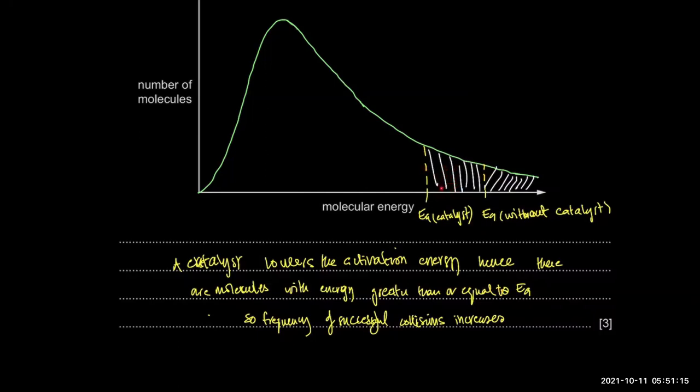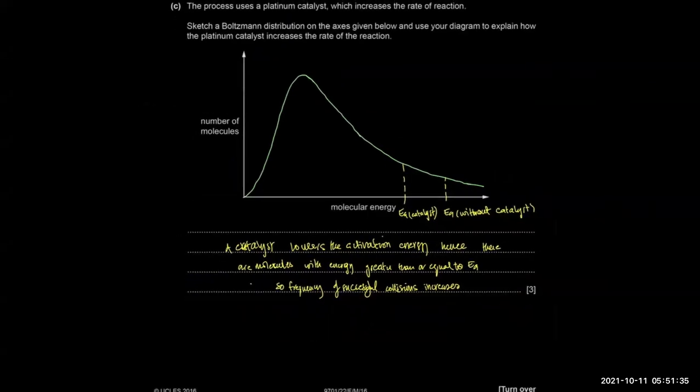Now there's more molecules present above the activation energy. So that means when they collide, reactions take place, and they collide with enough energy. So can I say that there's more molecules that will collide with enough energy? So we can say that frequency of successful collisions increases. Okay.